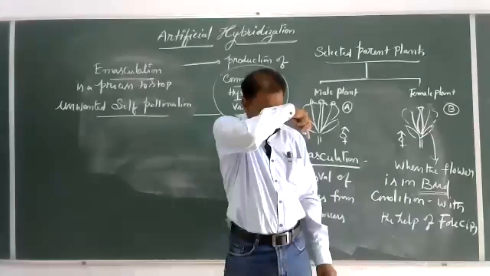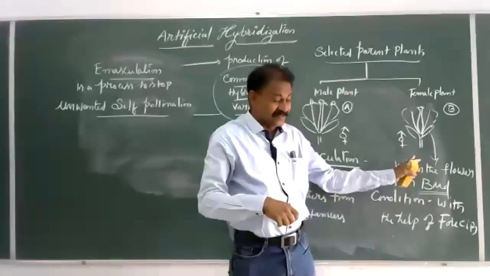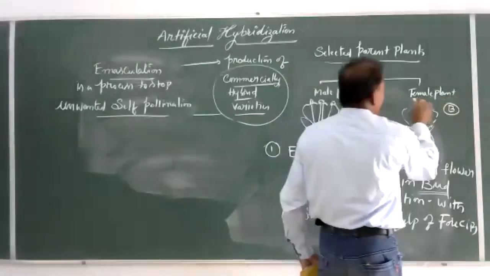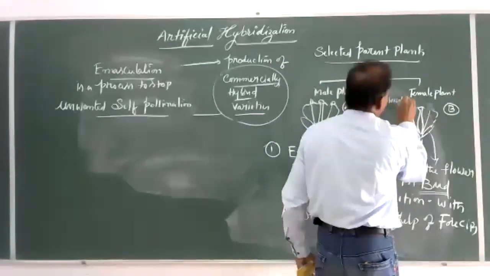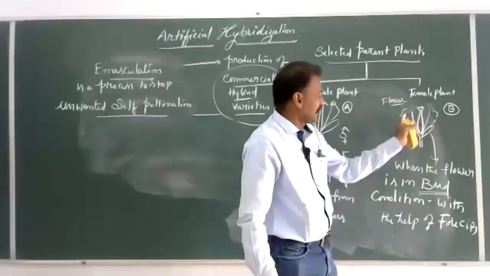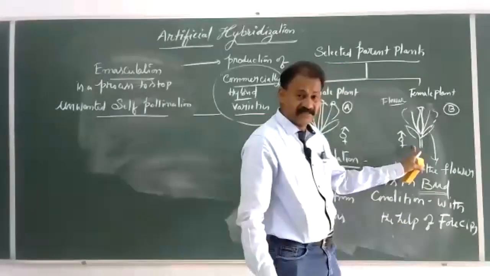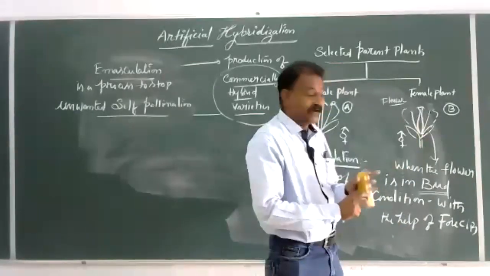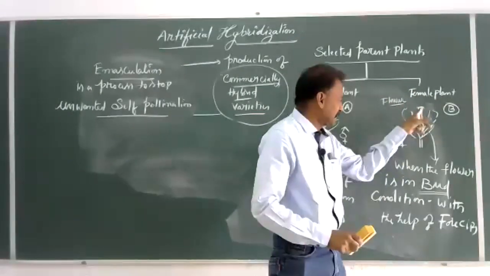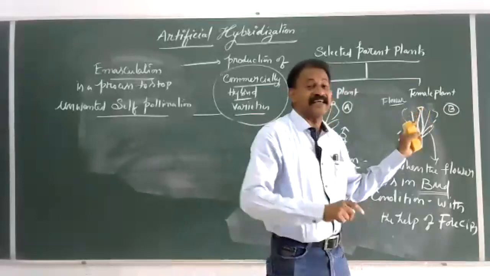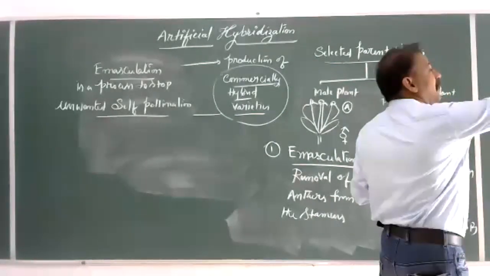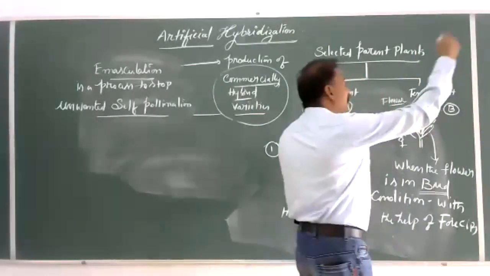Now, once a female plant flower, bisexual flower, has its anthers removed, it has only the stigma, but it is open, no? There is a chance that when it is open and the stigma is exposed, from some other plant, some other flowers, by wind or by insects, pollen grain may fall.